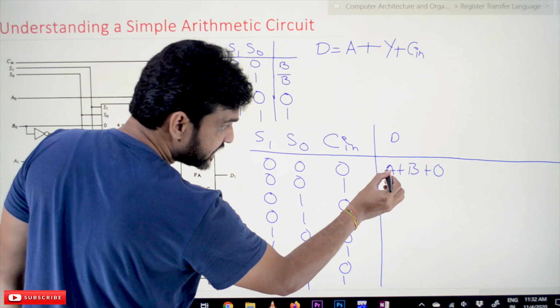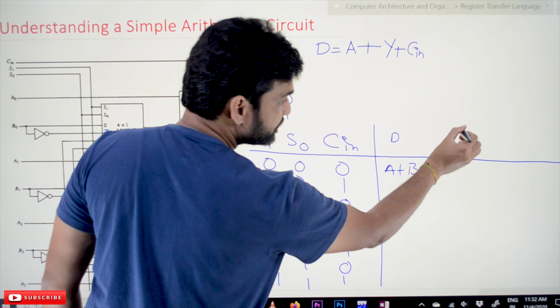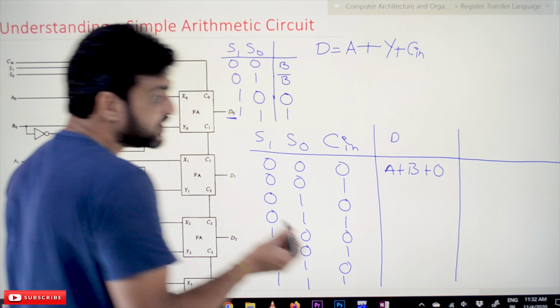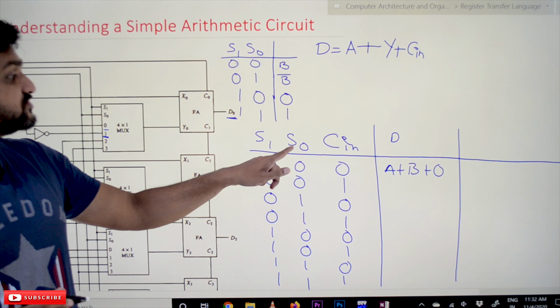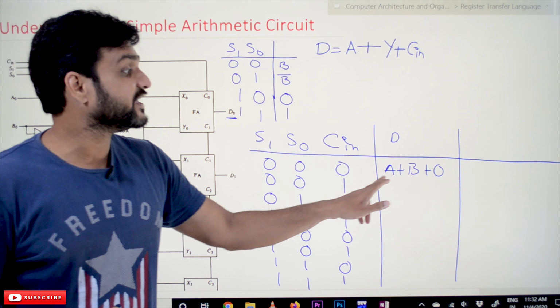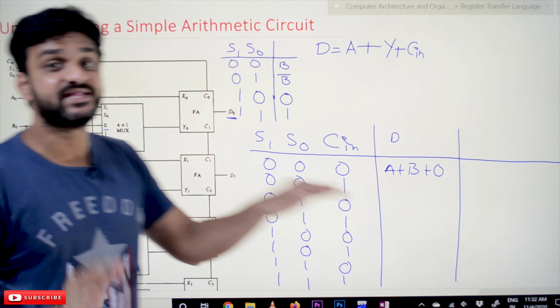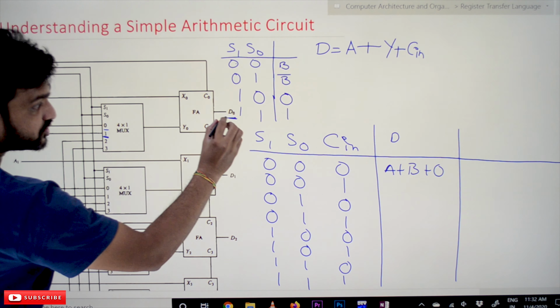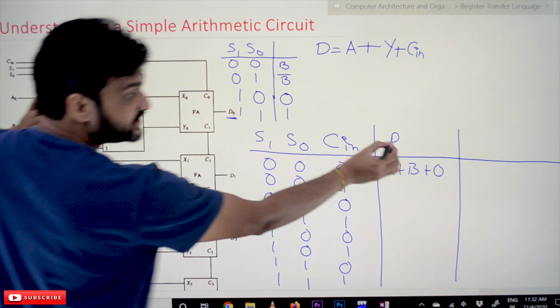So it is going to be A plus B plus 0. Whenever S0, S1 and Cin are 0, it is going to add A plus B. The values of A and B will get added and produced as the value of D.